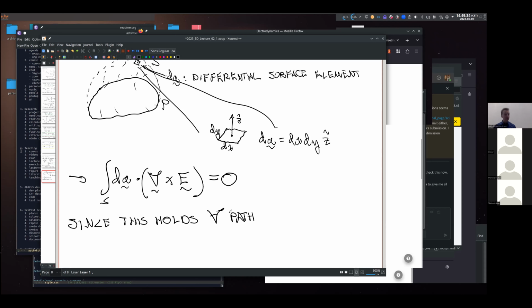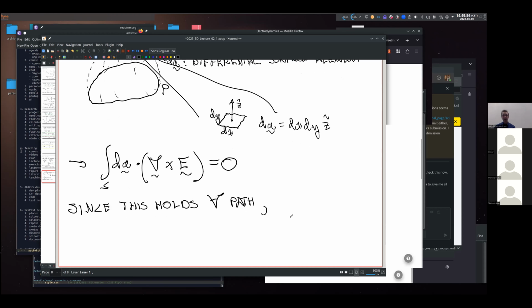Okay, back to the core content here. Since this holds for any path, and therefore for changing the surface here, we can glorify this equation from an integral equation to just a direct equation, which tells us that the curl of E itself has to be equal to 0.